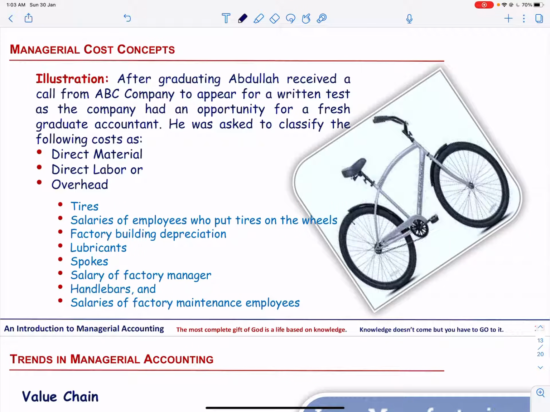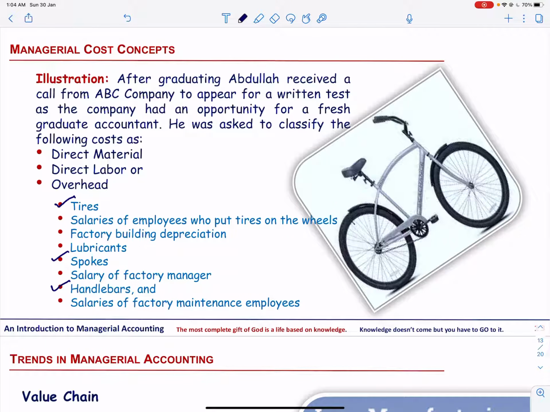Now, the costs are tires, salaries of employees who put tires on the wheels, factory building depreciation, lubricants, spokes, salary of factory manager, handlebars, and salaries of factory maintenance employees. Now, the costs like tires, spokes, handlebars will be classified as direct material.